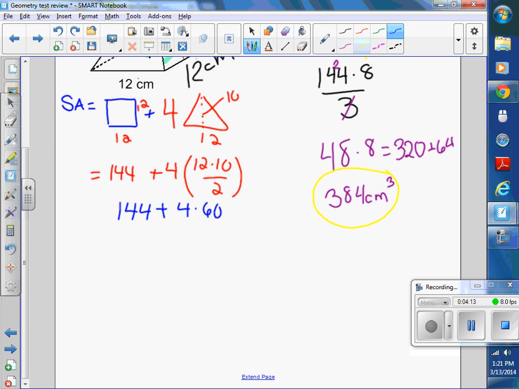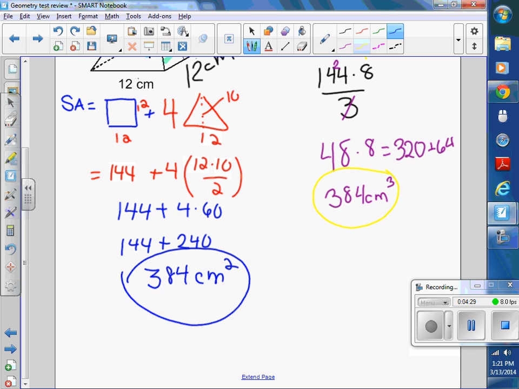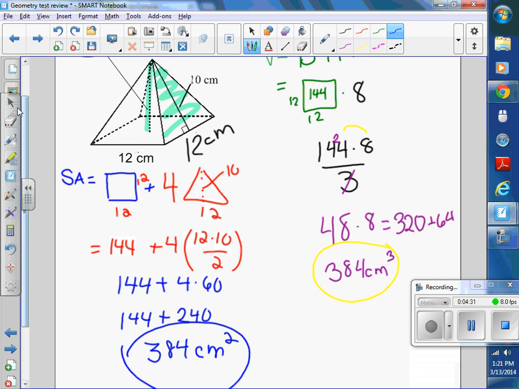And so then you have 144 plus 240. It's a coincidence, you guys, that those numbers turned out to be the same, but they're different measurements. This is a flat measurement, this is surface area, and that's a volume measurement. Just a coincidence. So not every pyramid you do is going to work that way. That was just an unusual coincidence.